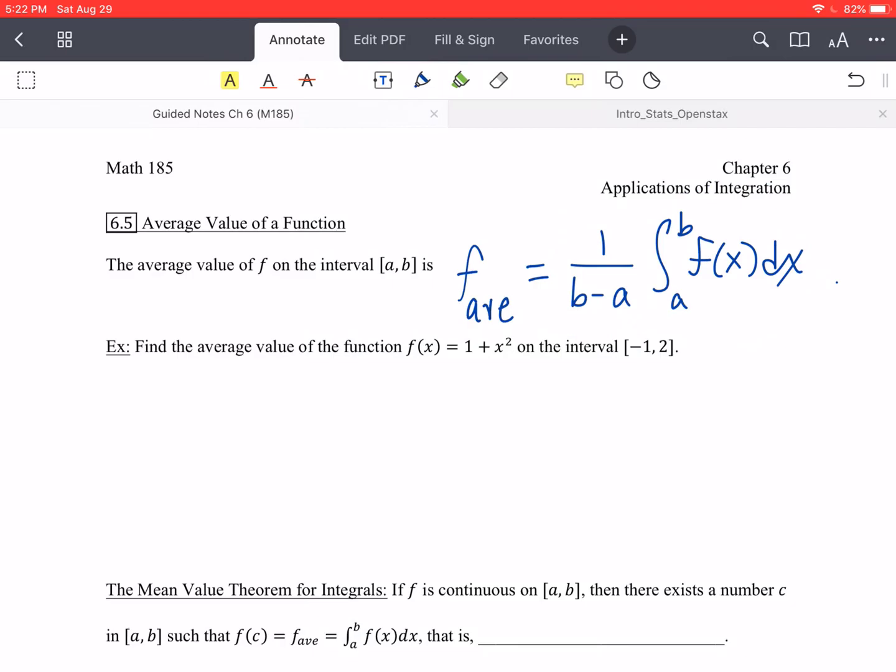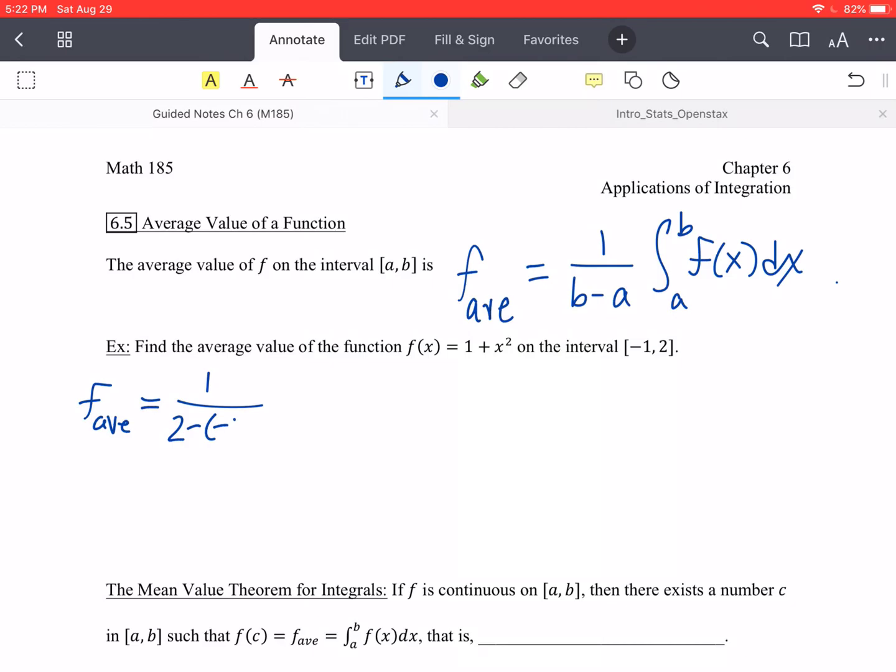Find the average value of the function 1 plus x squared on the interval from -1 to 2. So f average is going to be 1 over b minus a, so 2 minus -1, times the integral from -1 to 2 of 1 plus x squared dx.